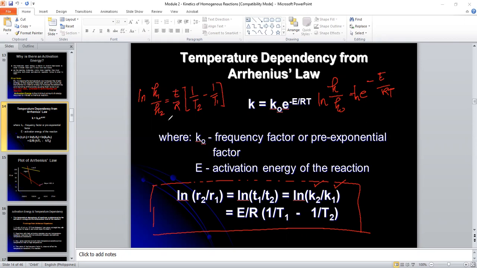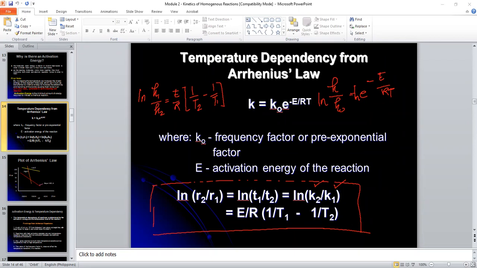But we extend the ratio of the ln of k's to the ln of time. This small t here is time. So the ratio of the two times, meaning this is the time for this corresponding rate constant, and this is the time for this corresponding rate constant. In terms of rate, we can also do that.